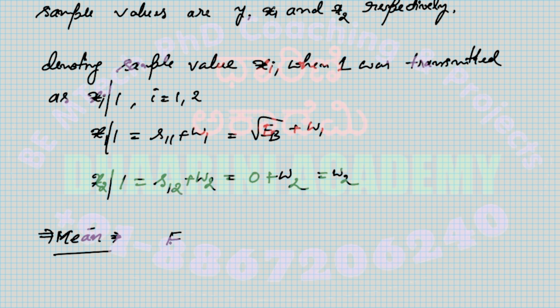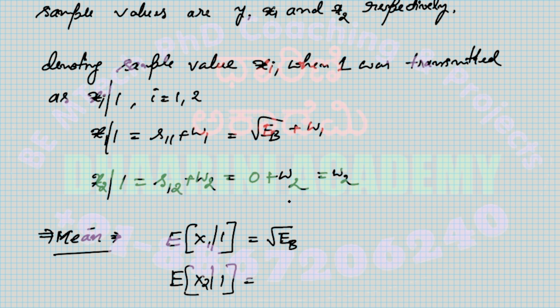The expected value of x1 given that 1 was sent is simply root Eb. Anyway, we know how to calculate that. I'll just fast forward our calculation. Similarly, the second one, the expected value of x2 given that 1 was sent, is nothing but the mean value of w2. Mean of noise is assumed to be 0, so that's why it's 0.